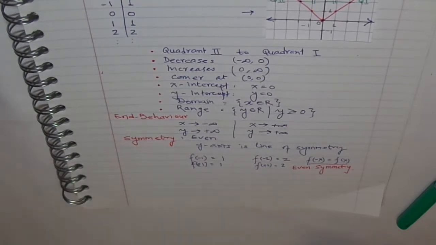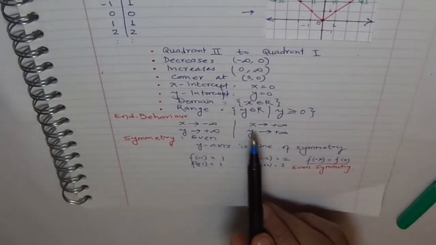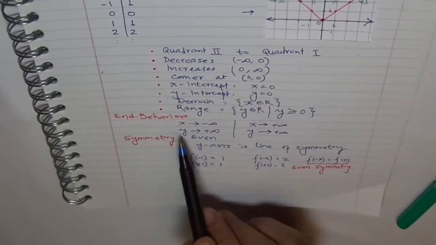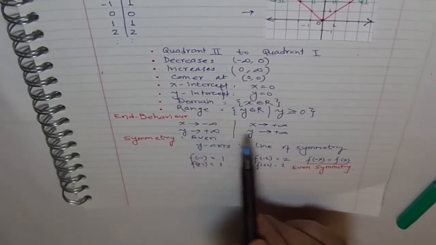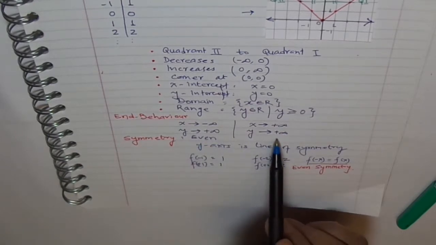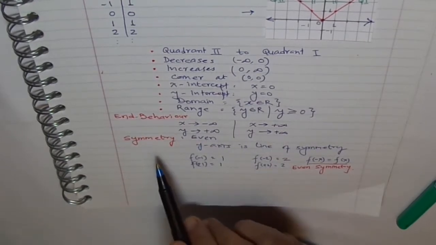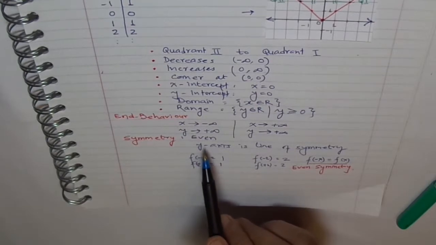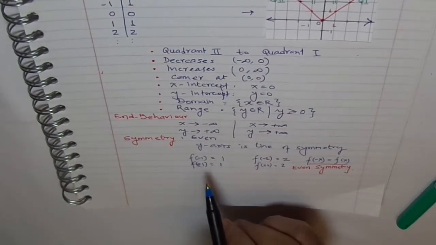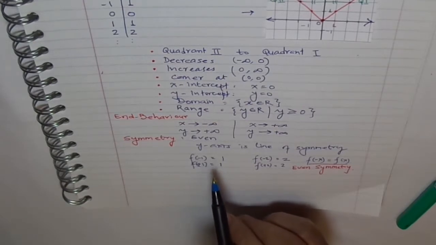Domain belongs to all real numbers, and range belongs to all real numbers, but y is greater than or equal to 0. End behavior: when x approaches -infinity or +infinity, y approaches +infinity. And symmetry, it has even symmetry. Correct? These are basic properties of the absolute function which we are going to explore or exploit in future.